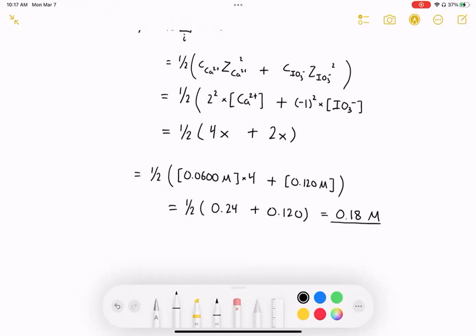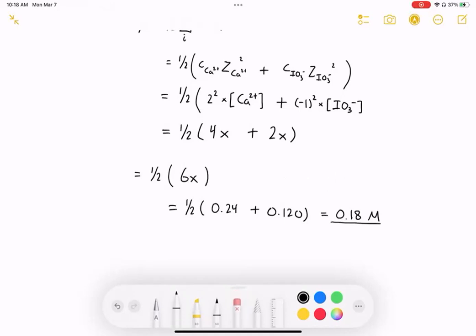Did I do that right? 0.06 times 6. Oh, okay, I did it wrong. Sorry. Yeah, that's correct. So we can actually rewrite this as this. This thing is 4x, but it actually equates to 6x.